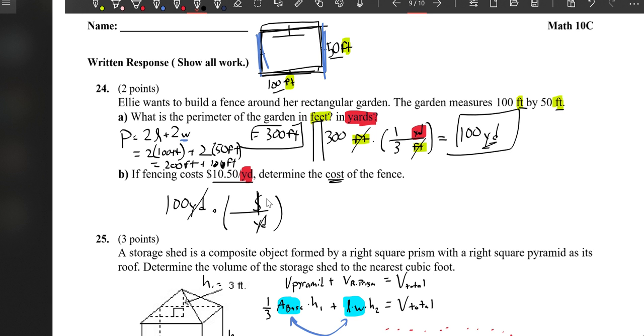I've got 1050 on the top and per 1 yard. So 100 times 10.50 is, well, we just moved the decimal 2 places, don't we? So that is $1,050. That is the cost of the fence.